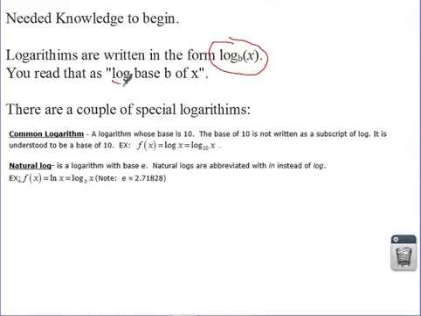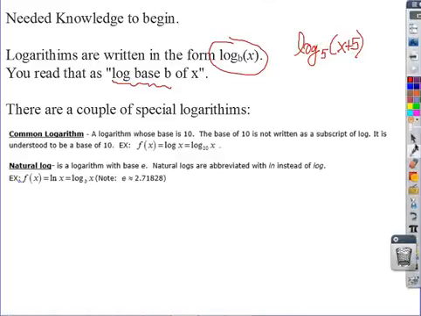That's how you would want to read that statement, log base b of x. So for example, if your base was 5, then you might say this is log base 5 of x, or it doesn't have to just be x. It could be x plus 5, or all kinds of things here. It could be fractions, but this is the basic way a logarithm is written.